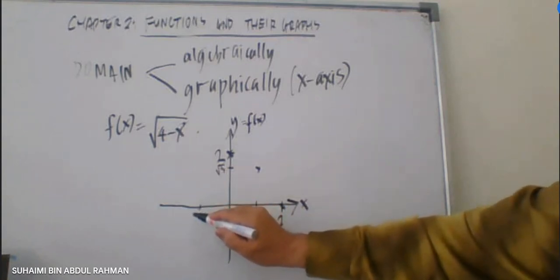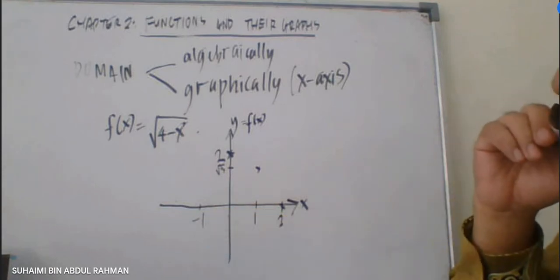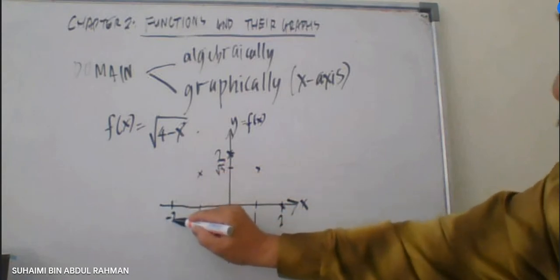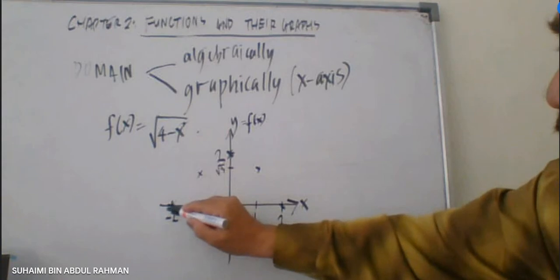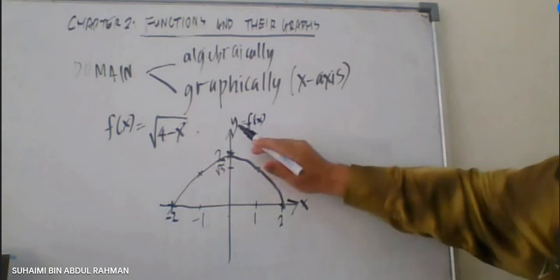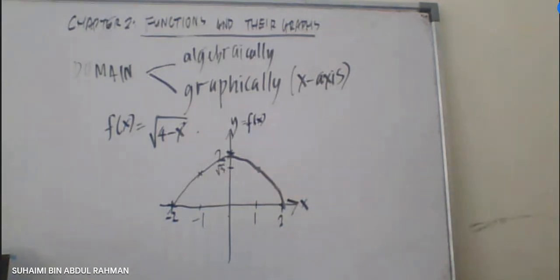When x is minus 1, again the square root of 3. When x is minus 2, it's 0, and then you connect all those. This is the way you create a graph. Creating a graph is just substituting the value of x and the value of y. I'm definitely sure that you're familiar with this.